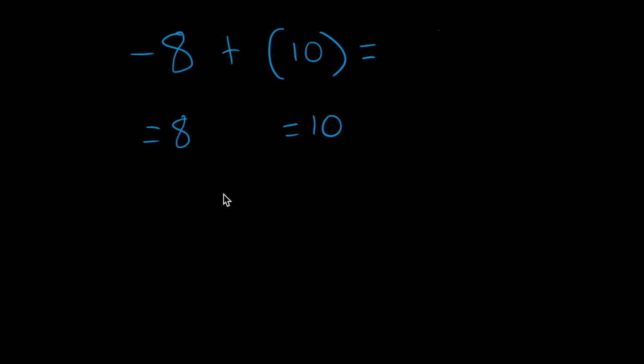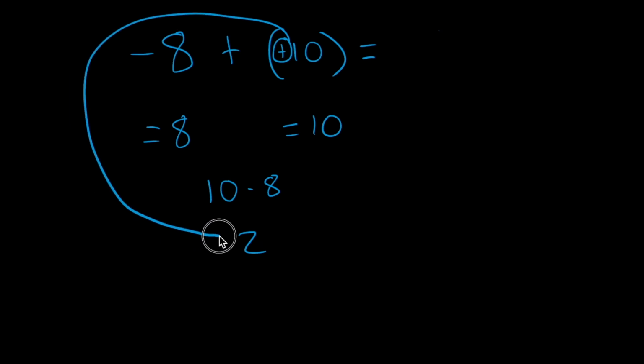And then we subtract large to small. 10 minus 8. So 10 take away 8 gives you 2. And then we take the sign from the original number that gave us the larger absolute value. So take this positive, give it to the 2, and so your answer is 2.